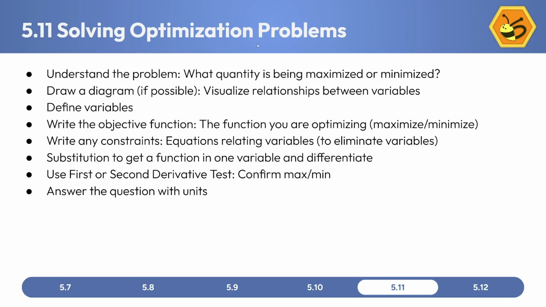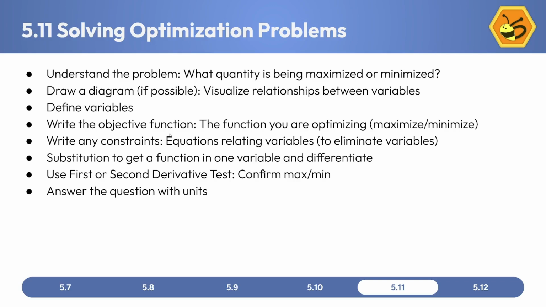So again, when we solve optimization problems, we want to define all our variables, and then we have an objective function. This is a function we're trying to maximize or minimize. We also need to make sure and check if we have any constraints. These are equations relating other variables.